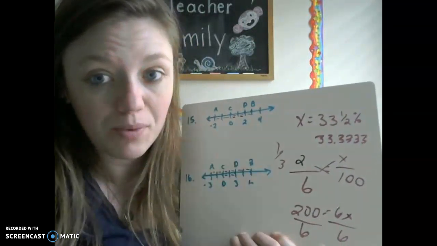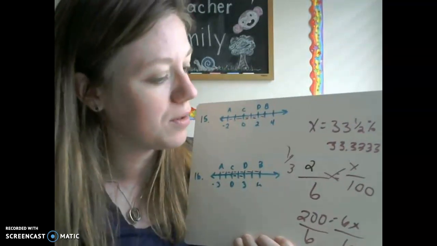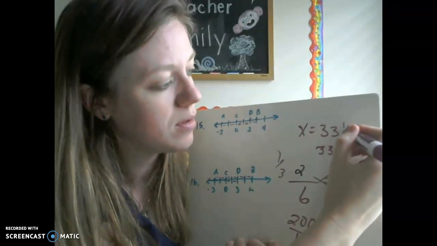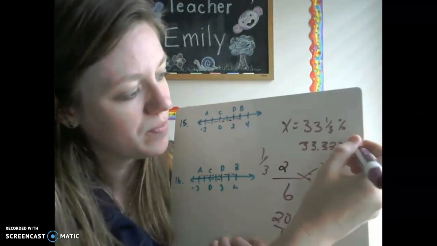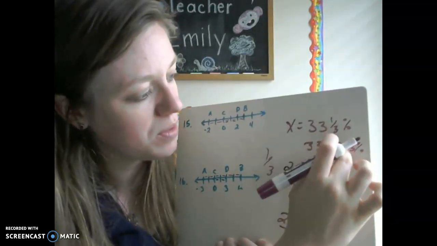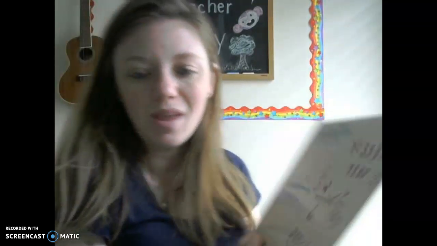Or 33.33333%, or 33 and 1/3. Sorry, 33 and 1/3 is what I meant. Not 1/2. 33 and 1/3%. Any of those answers. Well, you wouldn't need to go all the way out there, but you could say 33.33% would be good too. And so that's how to do number 13 through 16 on worksheet 7-8.